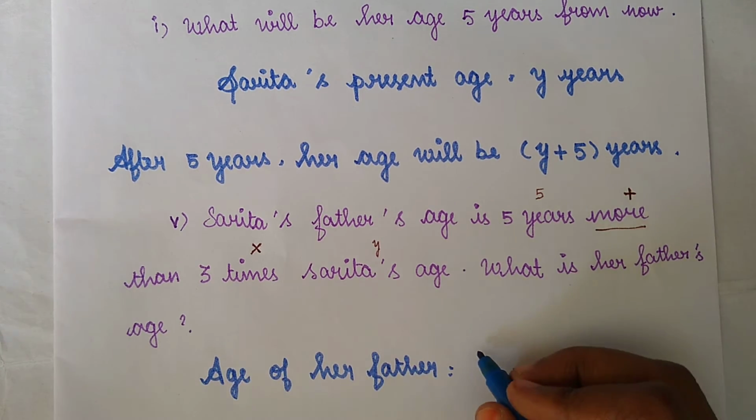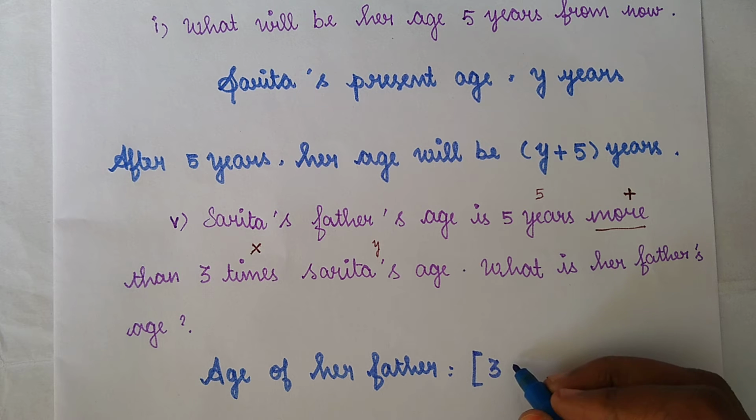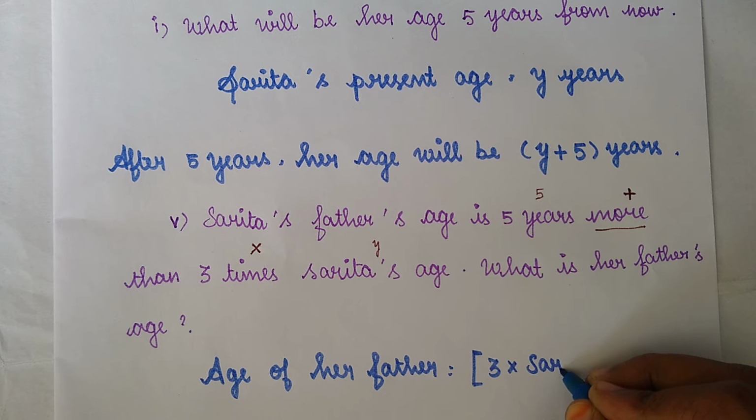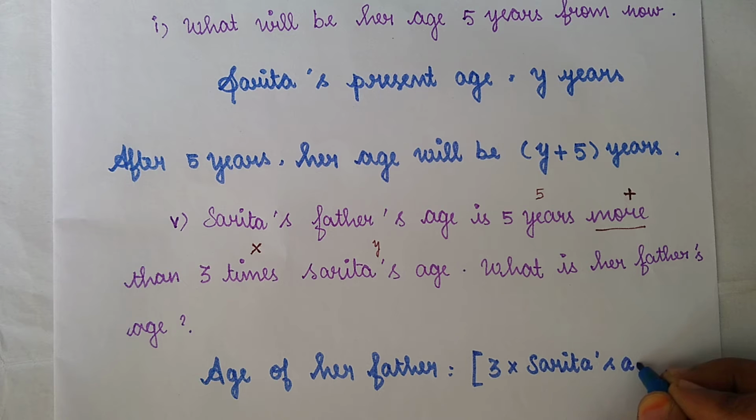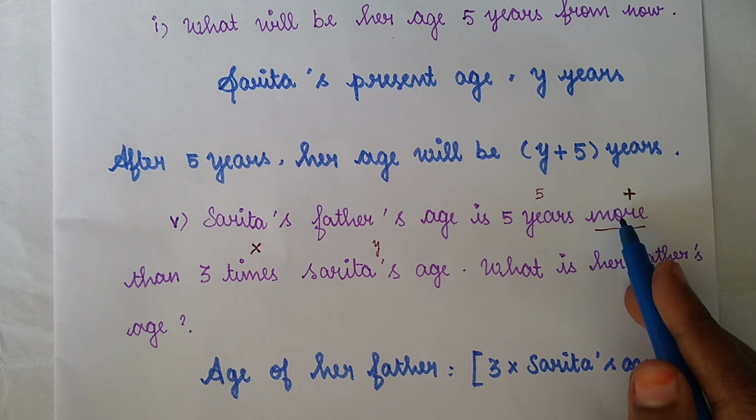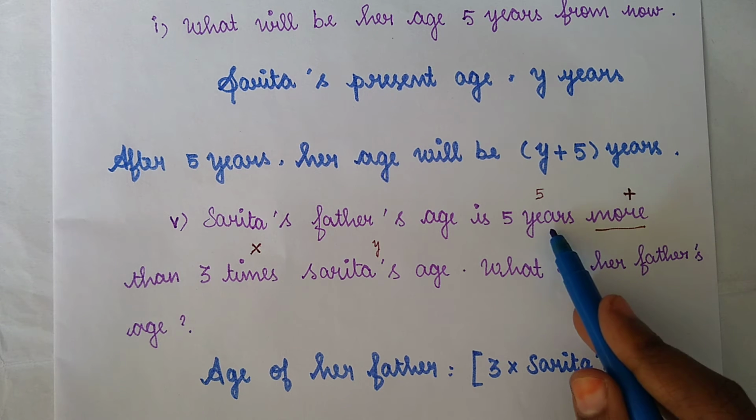So we have to write 3 times, 3 into Sarita's age, plus, more means plus 5 years.